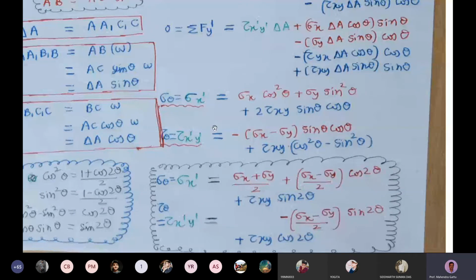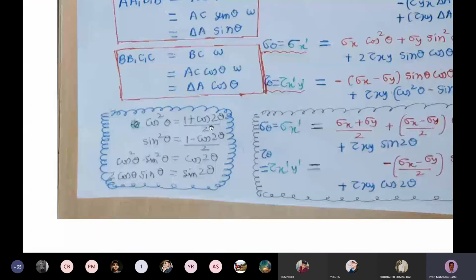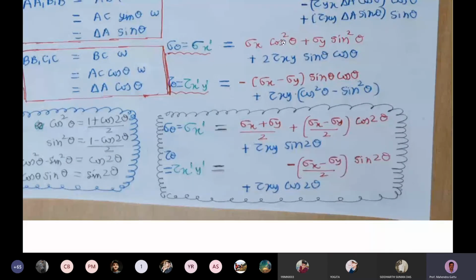So what we will do, we'll use our trigonometric relations. Cos square theta is 1 plus cos 2 theta by 2, and sin square theta is 1 minus cos 2 theta by 2, and cos 2 theta is cos square theta minus sin square theta, and sin 2 theta is 2 sin theta cos theta. So that we will use. So we'll replace cos square theta with 1 plus cos 2 theta by 2, and sin square theta with 1 minus cos 2 theta by 2, and 2 sin theta cos theta will be sin 2 theta.